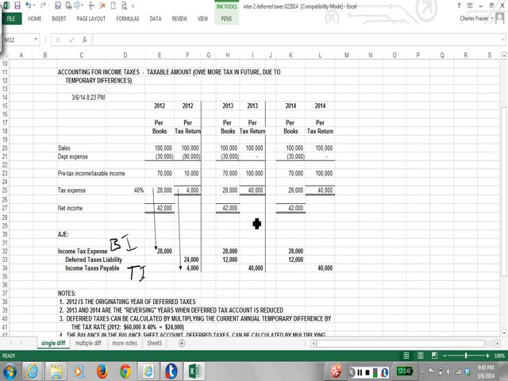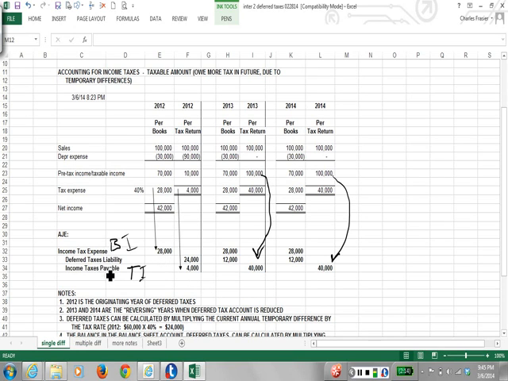You'll notice the taxable income in year 2 is 100,000, and 40% of the 100 gives the 40,000 income tax payable, and the same is true in year 3. Taxable income times the tax rate always gives income tax payable. So keep in mind then that income tax payable is a check that is sent to the IRS.